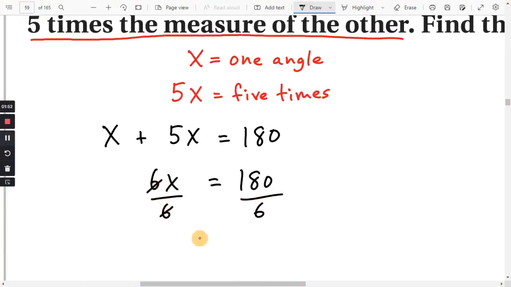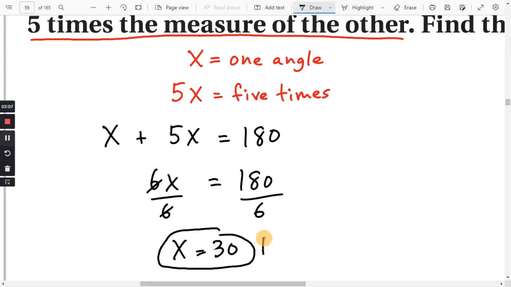The 6's cancel, and x equals 18 over 6 is 3, and then you add the 0, so x equals 30. If you want to find the other angle, you have to plug it in. So 5x is just going to equal 5 times 30, and that is 150.